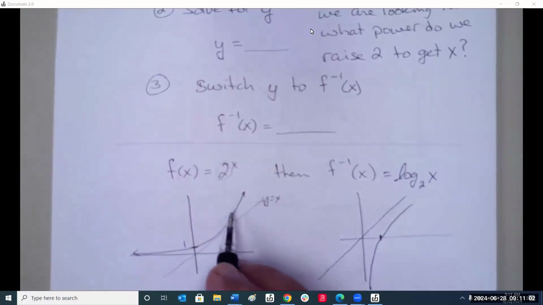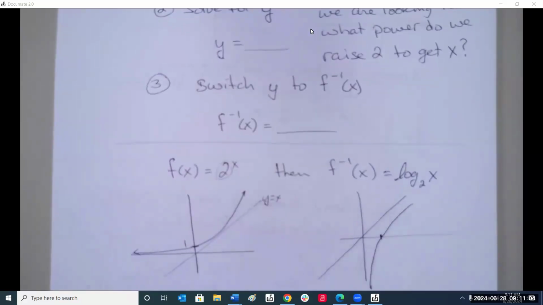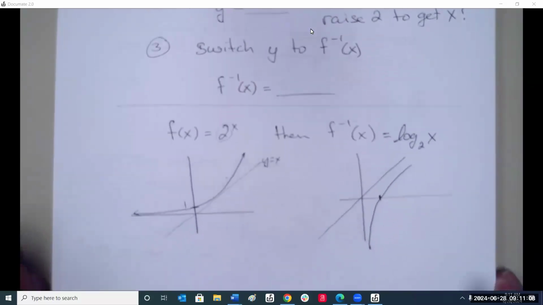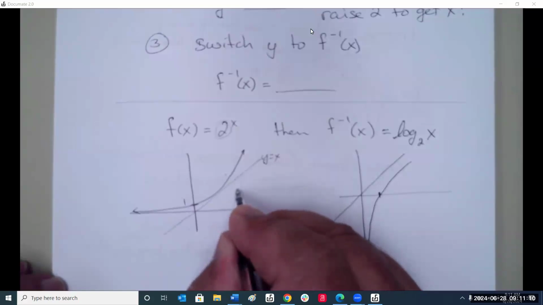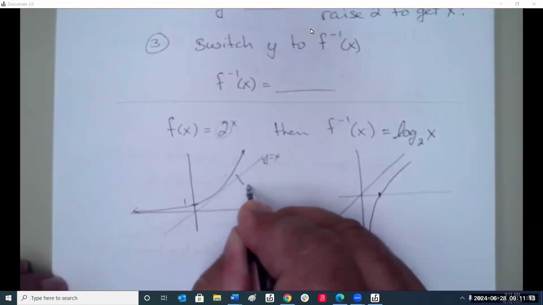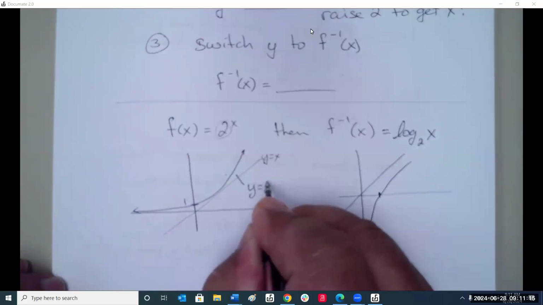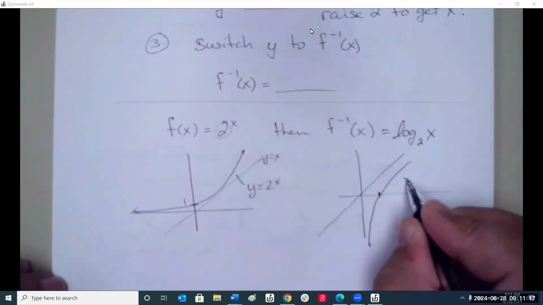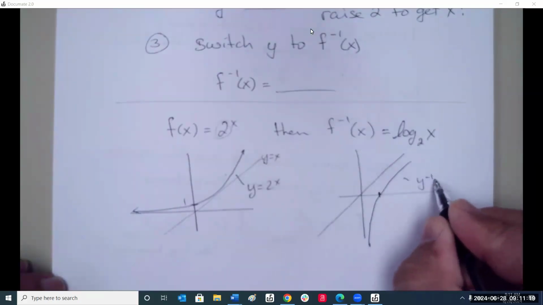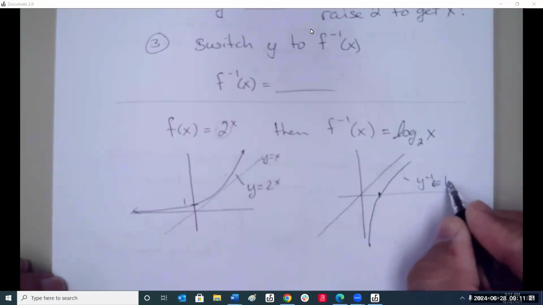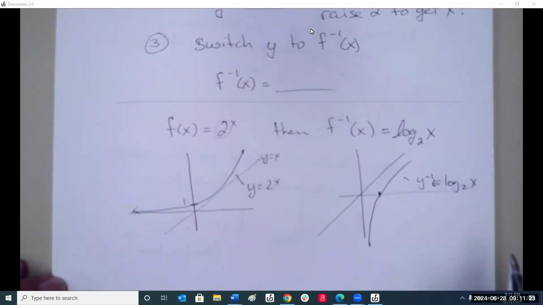So all the y values become x's and all the x values become y's. So that's that example. There's the graph. This is the graph of y equals 2 to the x. This is the graph of the inverse, which is log base 2 of x.